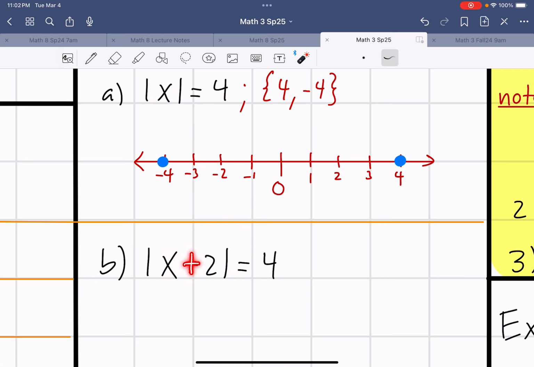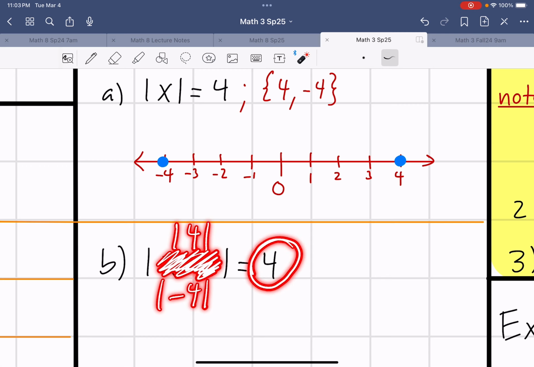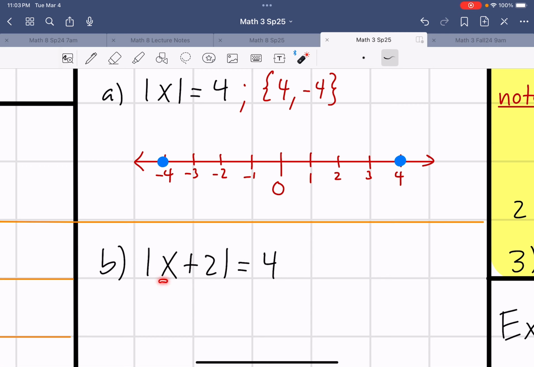But now the only difference is we're taking that value of x and then we're adding 2 to that number. Then we apply the absolute value. But because of the previous example, I know if I have 4 in here or -4, when I apply the absolute value to either one of these, I know it's going to give me +4. So then I ask myself, what value of x, when I add 2, is going to give me a 4? And I don't have to do any fancy work. I can do this intuitively. I know +2 would be a solution, because if I plug in 2 to x, 2 plus 2 is 4.